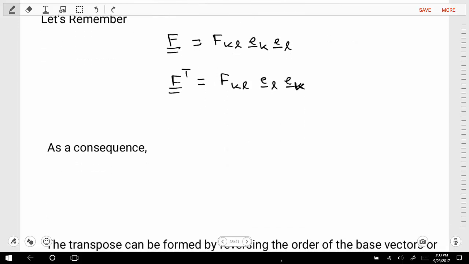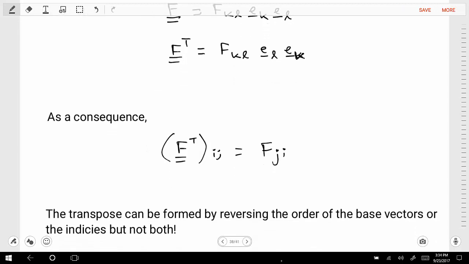So as a consequence, we can say that f transposed in terms of i and j is equal to switching the indices of our components to j and i, such that the transpose can be formed by either reversing the order of our base vectors, or by switching our indices, so switching the order that we perform our operation mathematically, right?